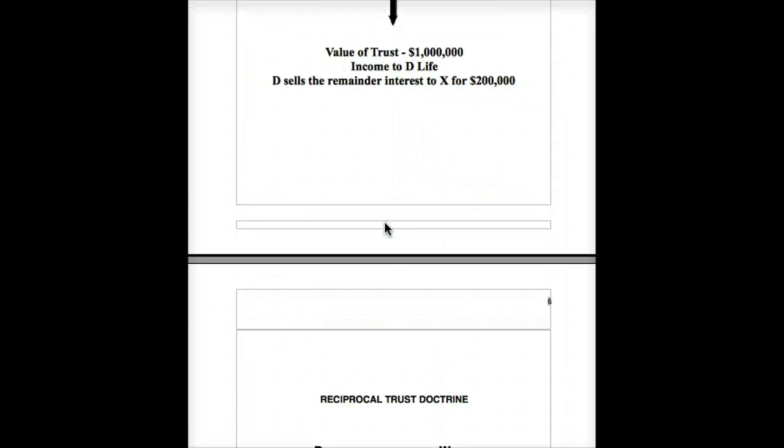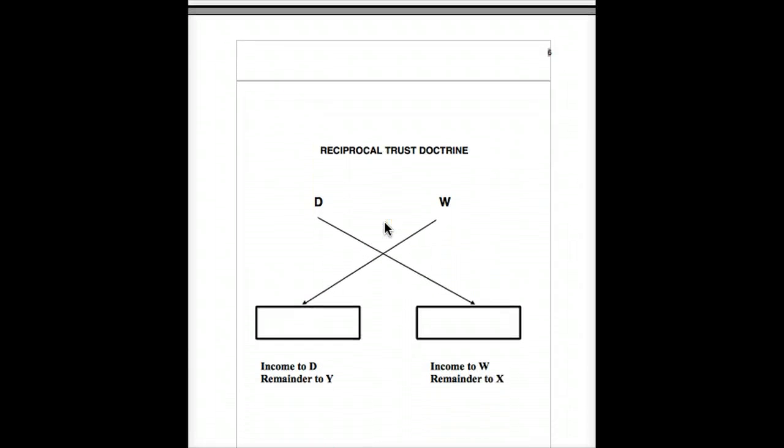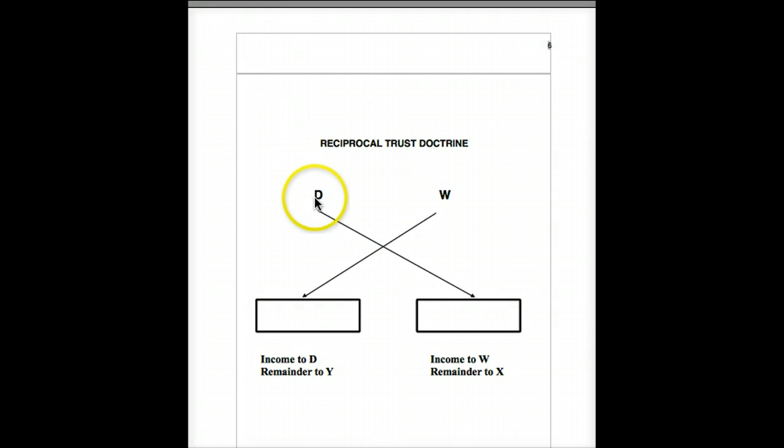In the next example, D makes a transfer in trust, and the income in the trust is going to W and the remainder is going to X. At the same time, or very near to that same time, W makes a transfer into another trust, and in this other trust, income goes to D and the remainder goes to Y.